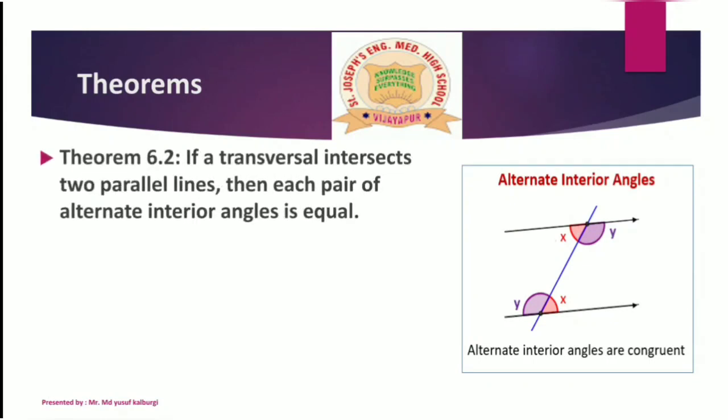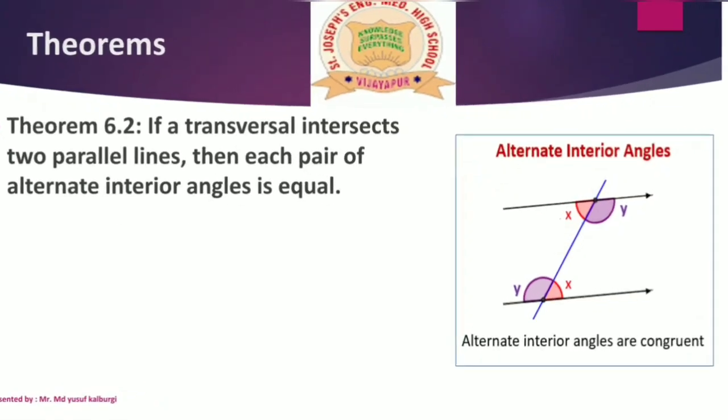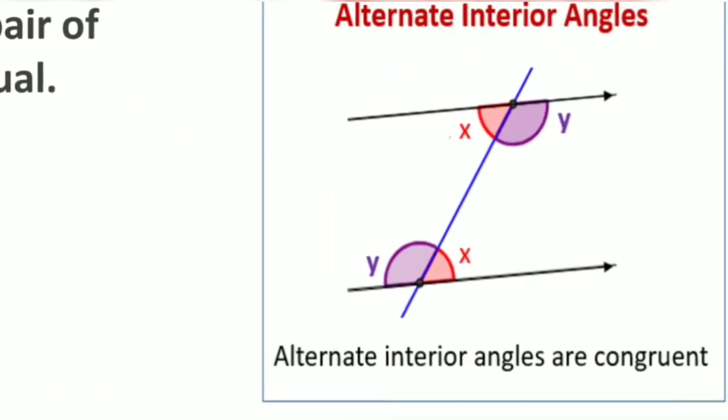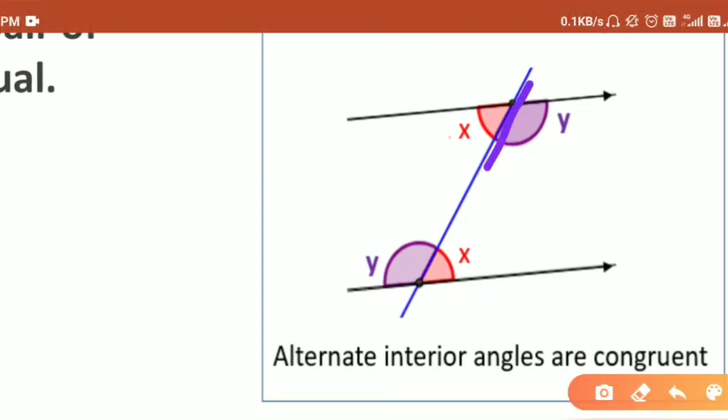Now theorem 6.2 says, if a transversal intersects two parallel lines, then each pair of alternate interior angles is equal. You have to remember this one. Say two parallel lines are there and the transversal is intersecting them.